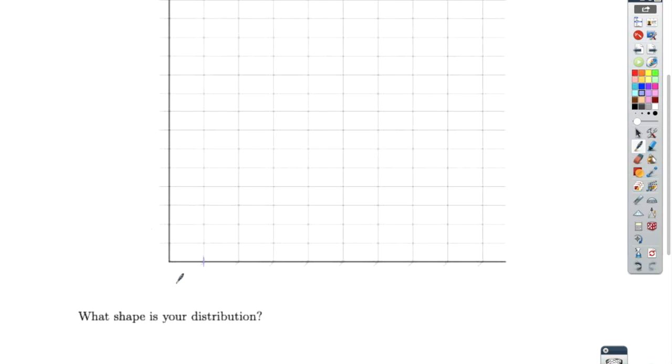Here is 8.385, and that first bar is going to go up to 8.765 and 9.145. All right, so pause the video and fill out the horizontal axis.